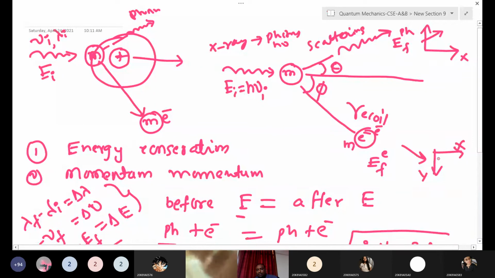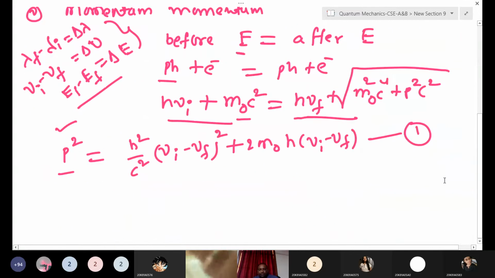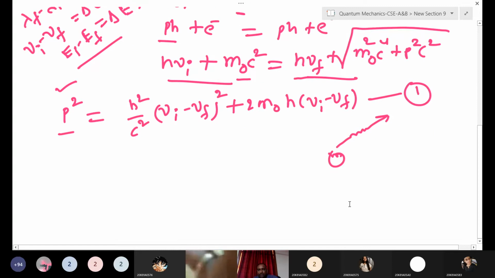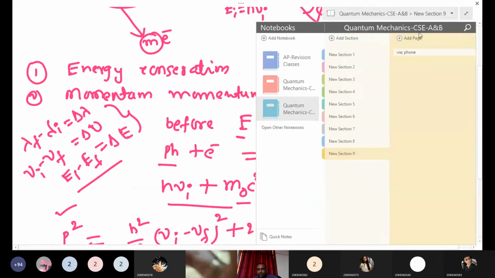So from these X and Y components, we can apply the conservation law and get the total momentum. Shall we take another page?